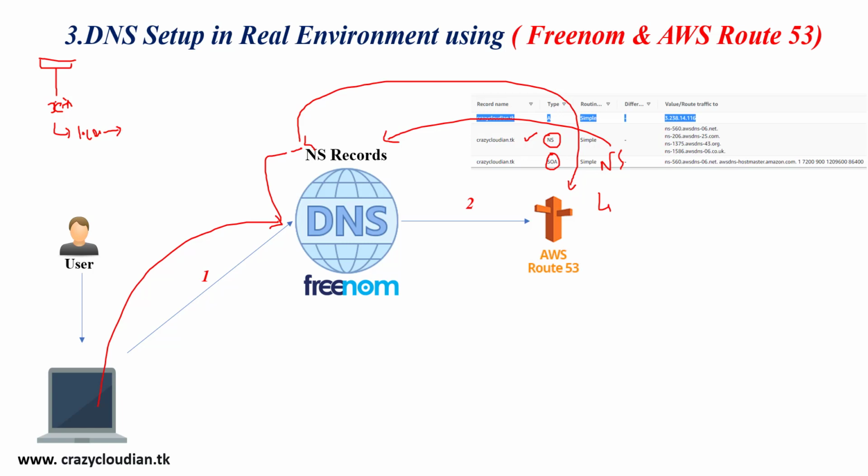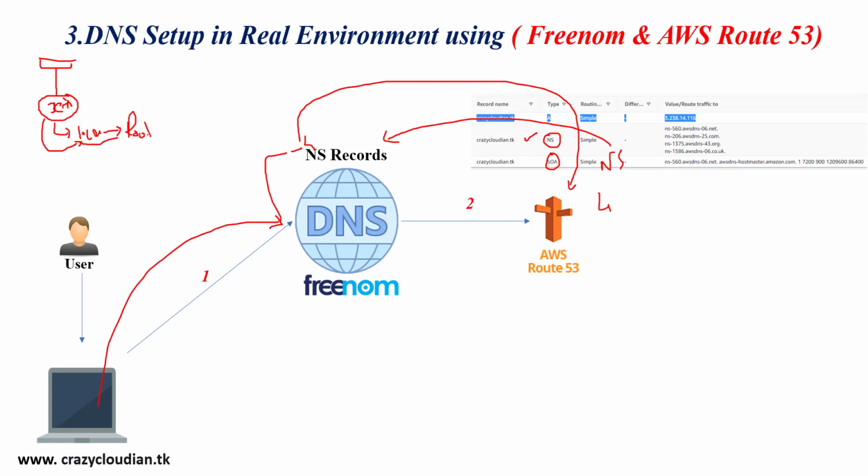But this flow is only executed when, for example, your local DNS service provider cannot resolve your query, like mapping a domain to an IP address. Then it redirects your request to the ISP, and the ISP redirects your request to the root server.